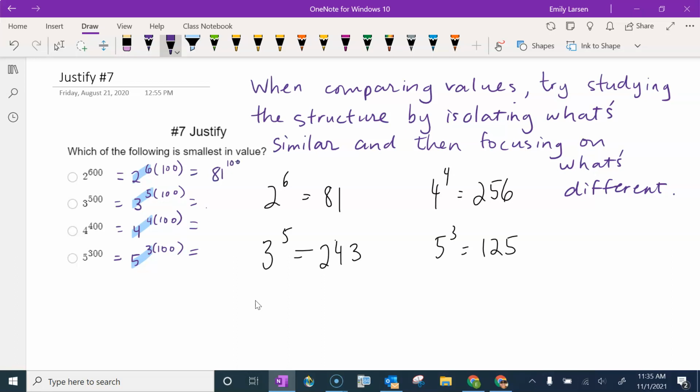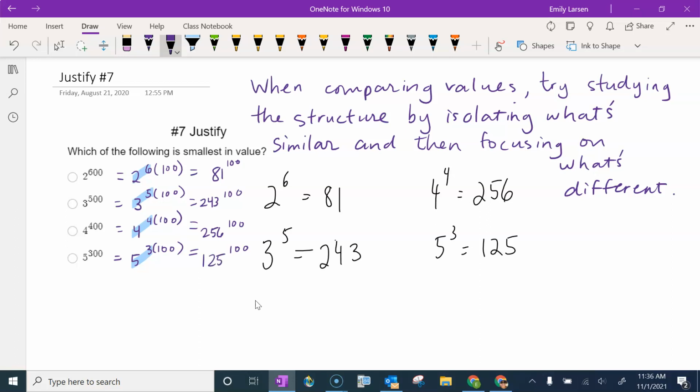This would be 100 factors of 4 to the 4th, which is 256. 3 to the 5th would be 243, so this would be 100 factors of 243. And this one would be 100 factors of 5 to the 3rd, which would be 125.